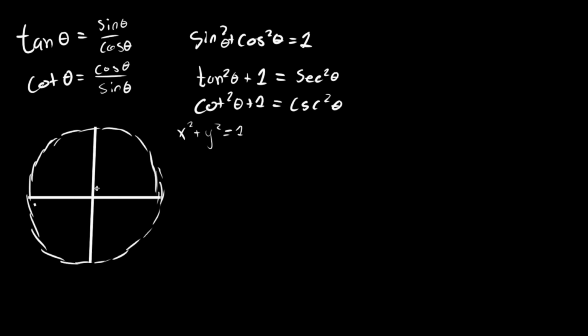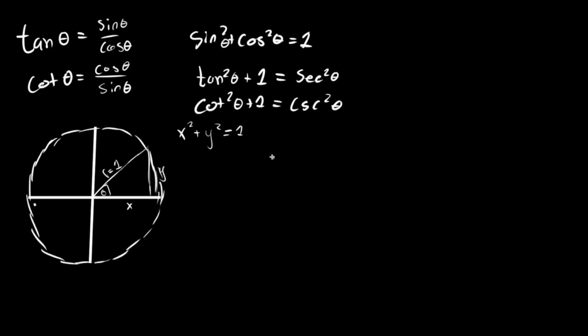Now, what we know from this is we can take any angle theta. I made that a little big. Let's draw a line here, okay? So this is our theta, right? We know r is equal to 1 right here. This is our x value, and this is our y value.